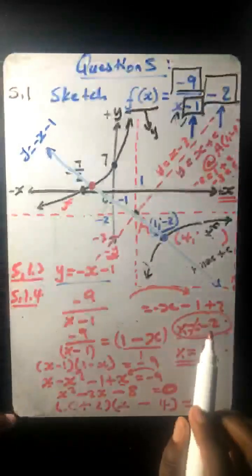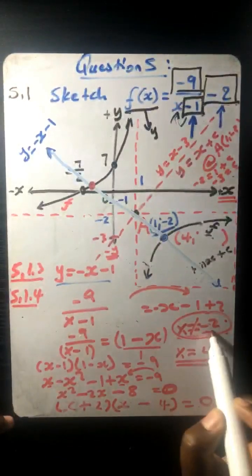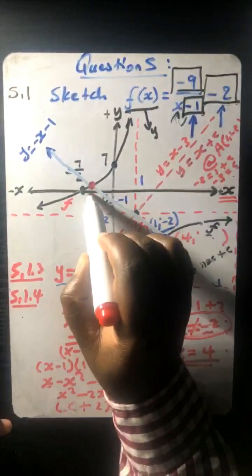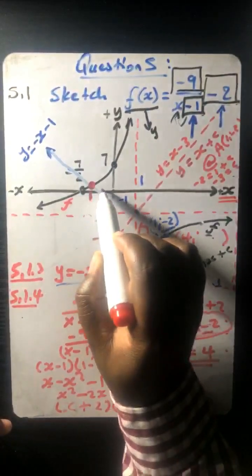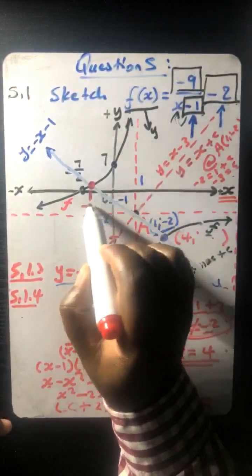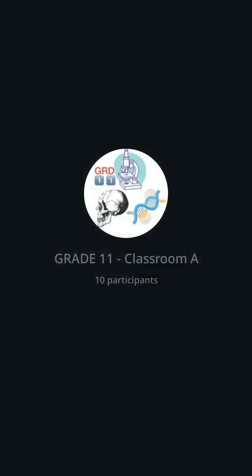So this -2 is actually that one there. But the examiner did not say in the second quadrant, he said in the fourth quadrant.